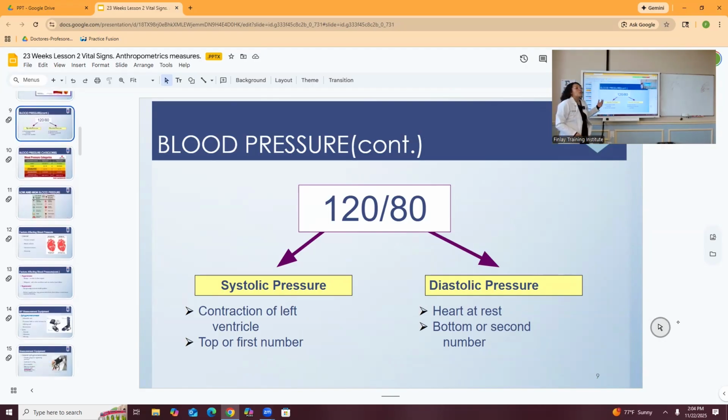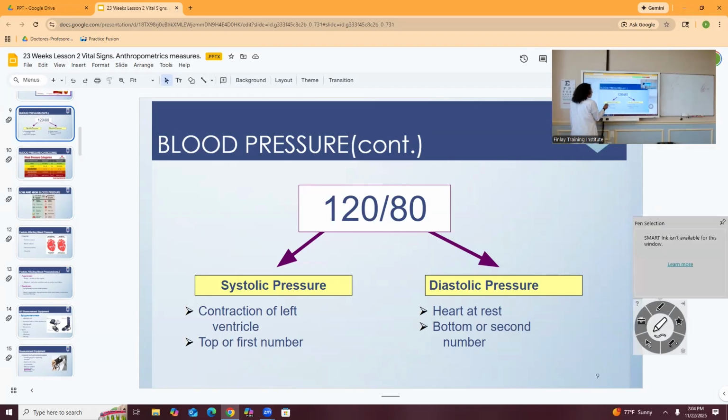We say that the normal blood pressure is 120/80. And we are measuring two pressures, systolic and diastolic. The systolic blood pressure is the pressure of the contraction of the left ventricle.